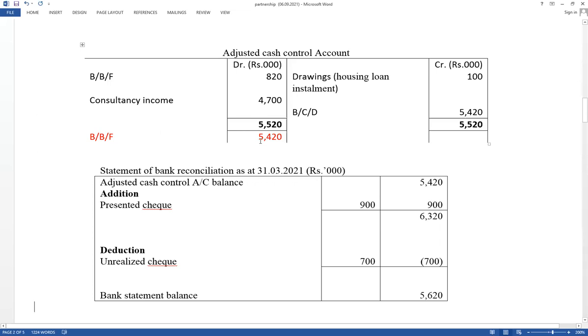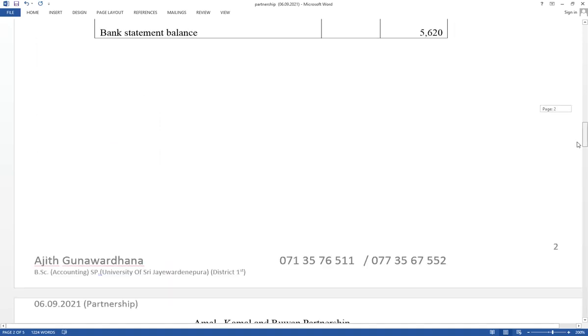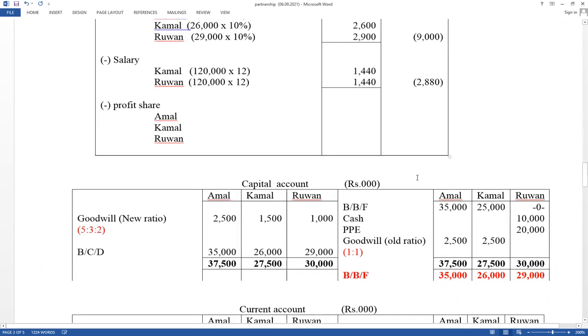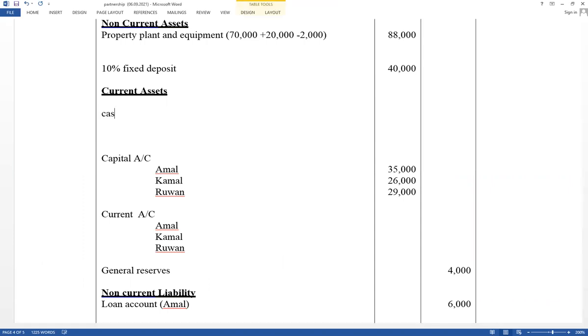In bank reconciliation, the adjusted cash control account balance should be included in the statement of financial position. Therefore, under current assets as cash, the value equals 5,420.